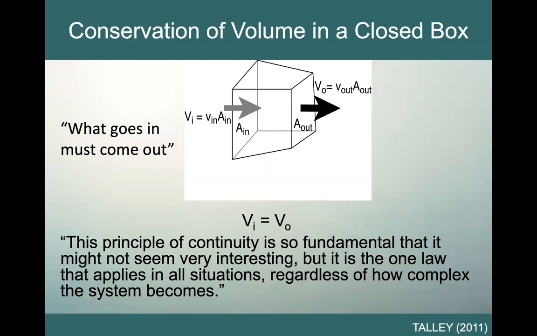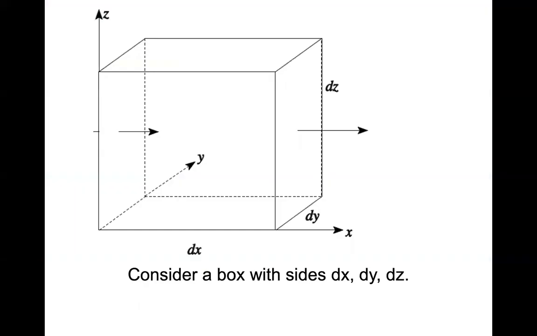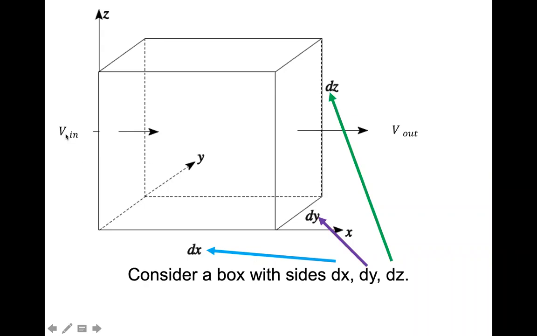So let's start by looking at a box that has sides dx, dy, and dz. So the volume of this box will just be dx dy dz. Now our conservation of volume tells us that our volume transport in is equal to our volume transport out.